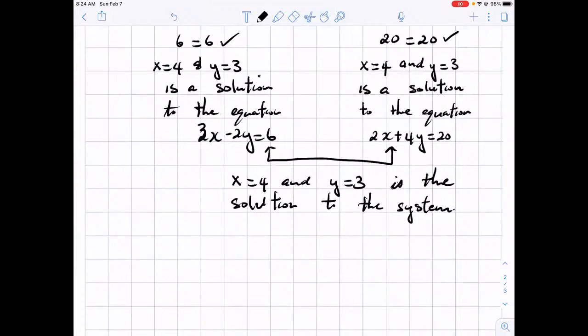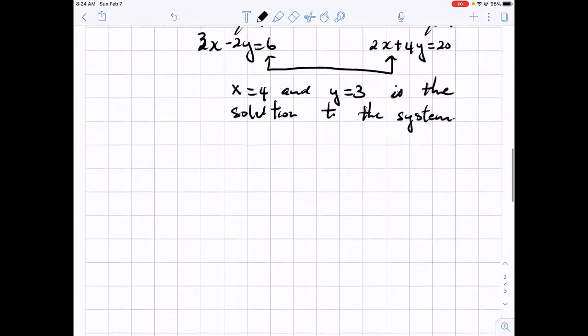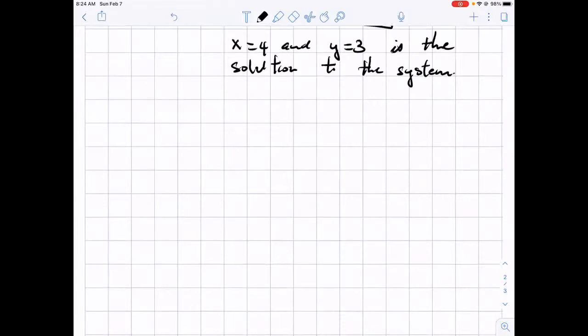Now, you will see that not all systems will have a solution. And graphically, you will see this. There are 3 cases to illustrate this. So let me show you the 3 cases on a graph.